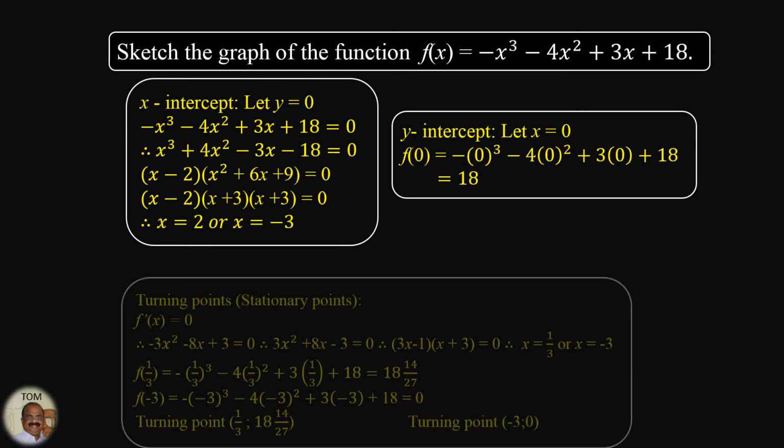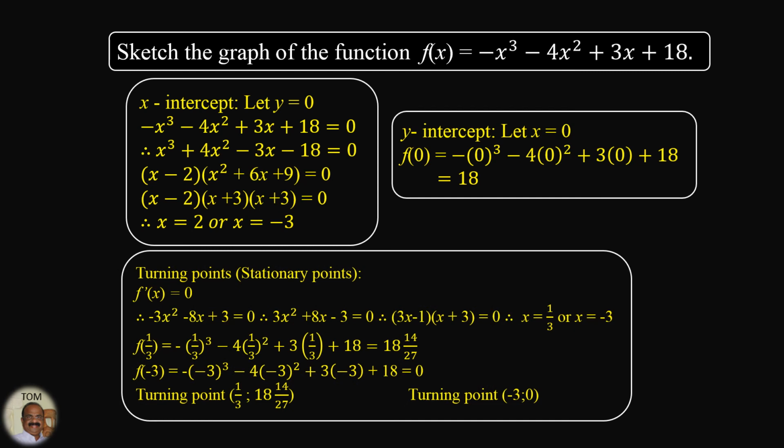Third step, turning points. f dash x equal to 0. Do it very carefully. These are all actually, after getting the derivative, calculations. Use your calculators. So minus 3x squared minus 8x plus 3, the derivative equal to 0. Change the sign. Factorize.